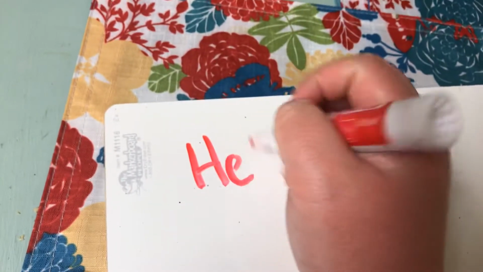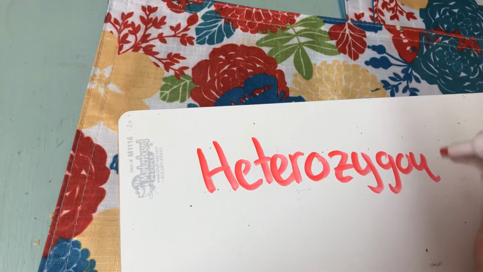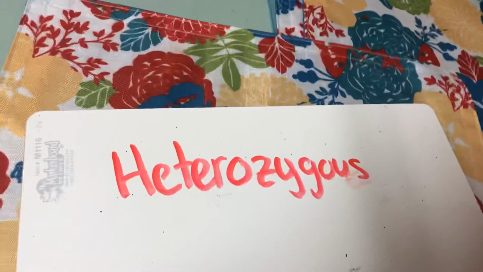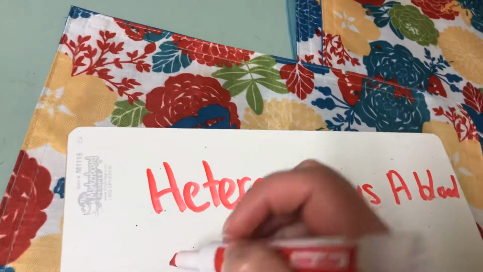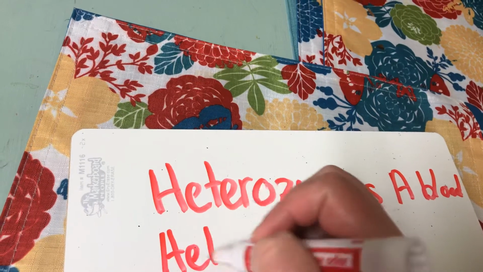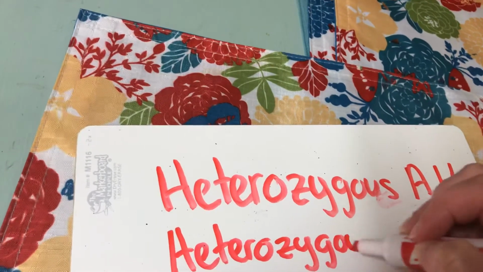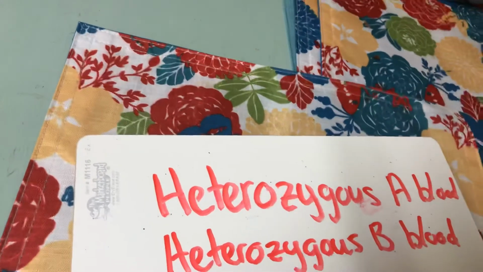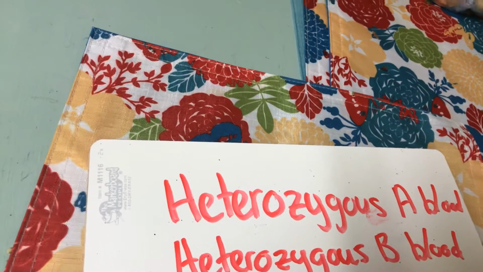Okay, so let's say that somebody who is heterozygous for A blood, and then heterozygous for B. So if I do that Punnett square, we're still just doing 4 boxes.